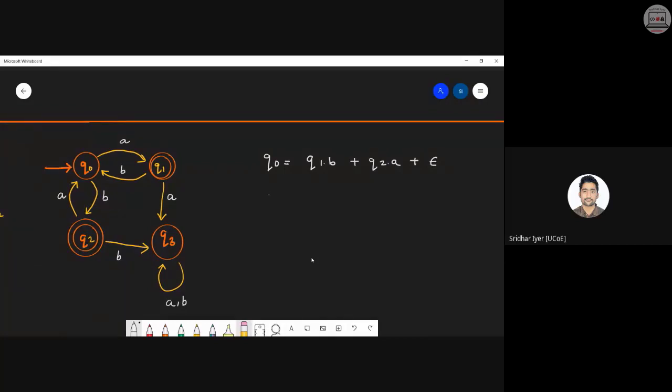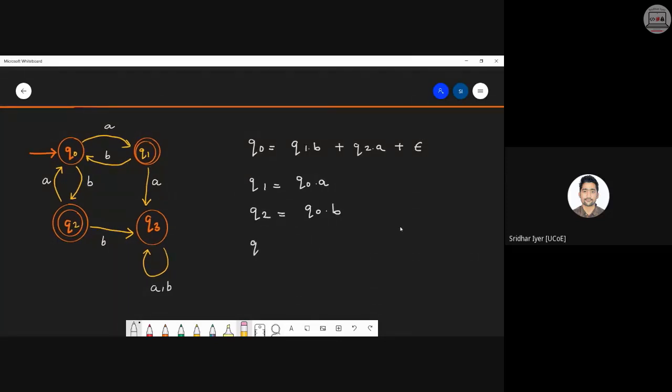Similarly, what about Q1? Q1 has only one incoming, that is Q0.A. Here. Similarly, Q2. Now let's see Q2. Q2 also has one incoming, that is Q0.B. Here. What about Q3?